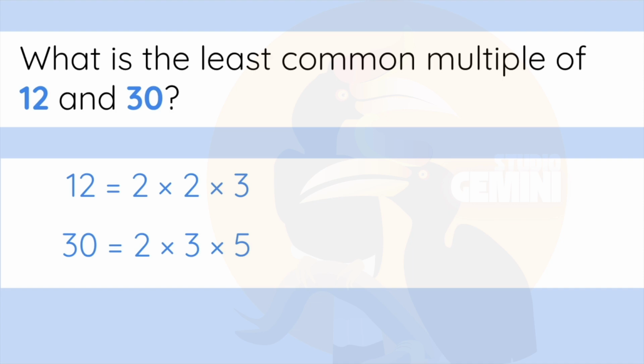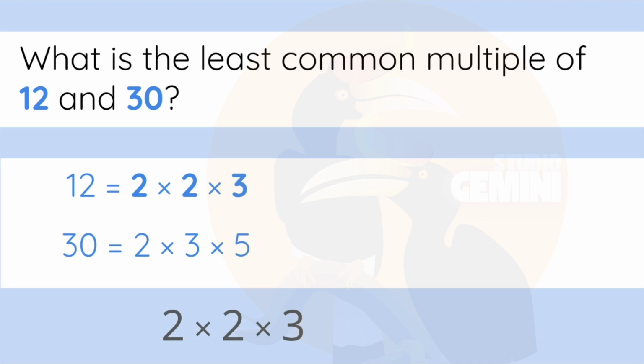We'll create it by listing its prime factors. To choose the prime factors, we'll look at the factors of 12 first, and then 30 next. So, starting with 12, we see the factors 2, another 2, and a 3. We'll need all of these factors in our least common multiple, so let's start by listing 2 times 2 times 3.